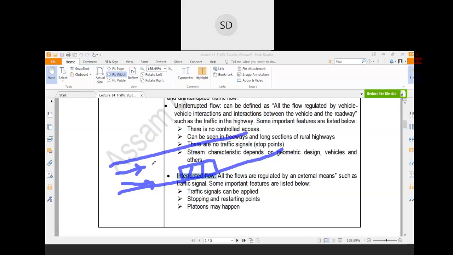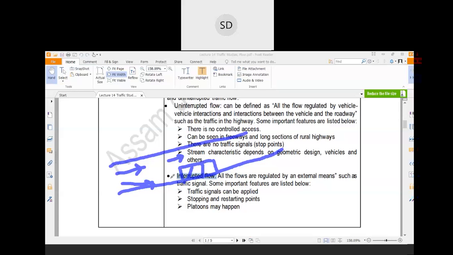So whenever a vehicle passes over there, it will be forced to reduce its speed because of the obstruction nearby. So all the other vehicles behind this particular vehicle will also need to reduce their speed and maintain a safe distance between the different vehicles.